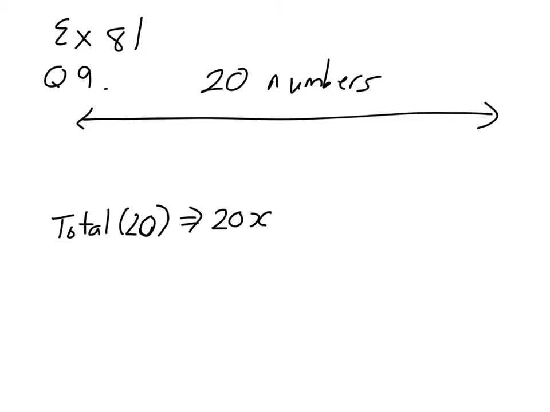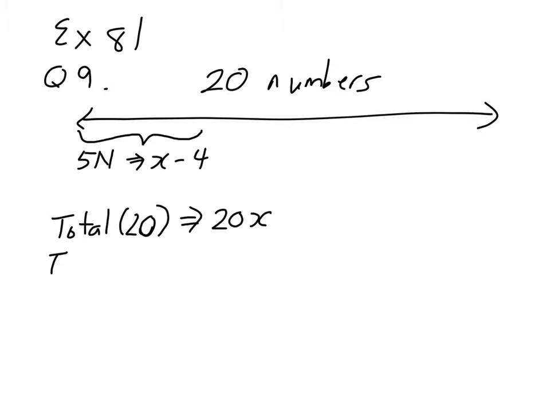Okay, then it says that the mean of the lowest 5 numbers is x minus 4. So the first 5 numbers, okay, the mean is x minus 4.